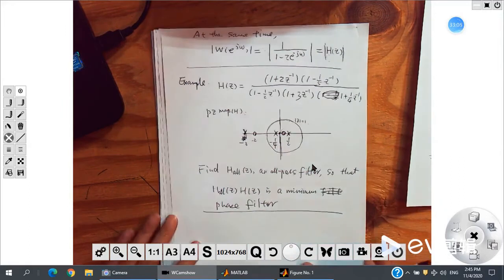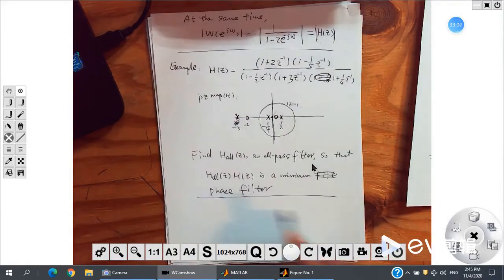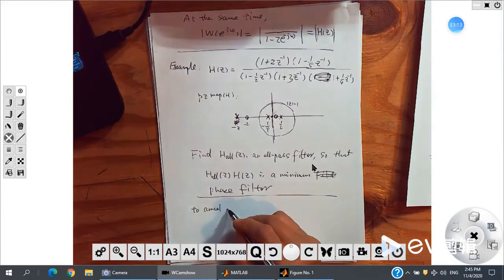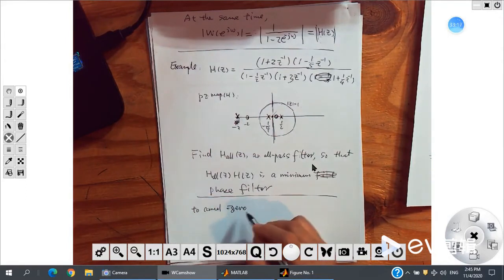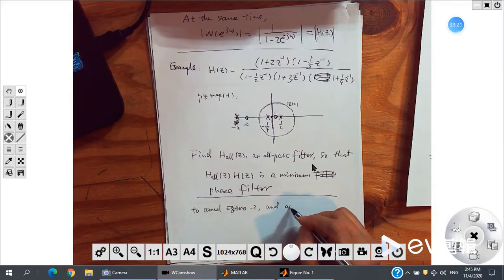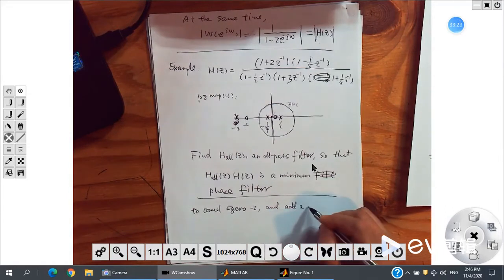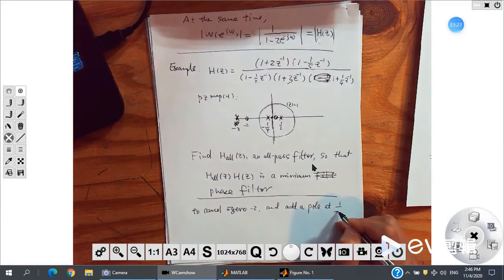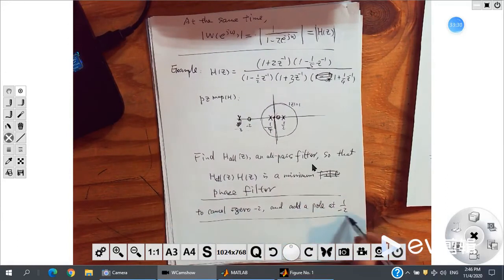Alright, now how to do it? To cancel the zero at -2 and add a pole at -1/2, we can work like this.